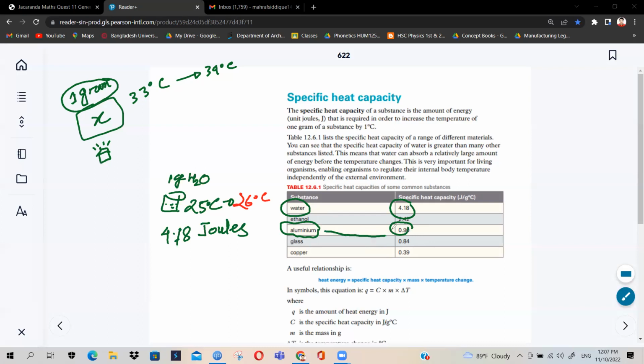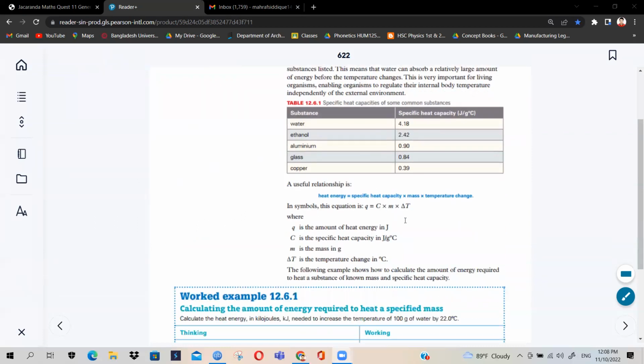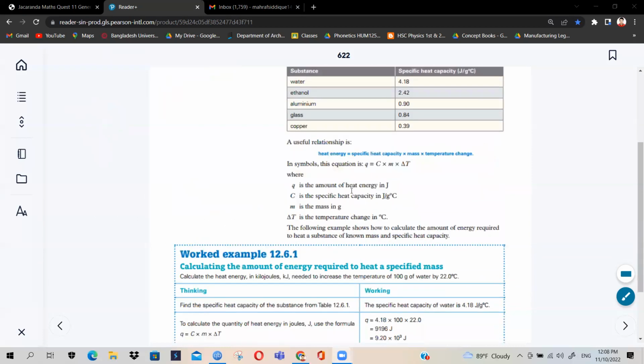It would take 0.90 joules to increase the temperature of 1 gram by 1 degree Celsius. So 0.9 joules of heat energy will be needed to increase the temperature of 1 gram of aluminium by 1 degree centigrade.